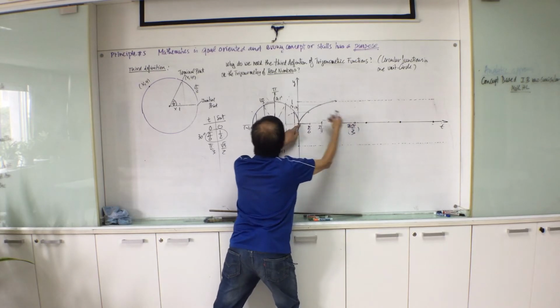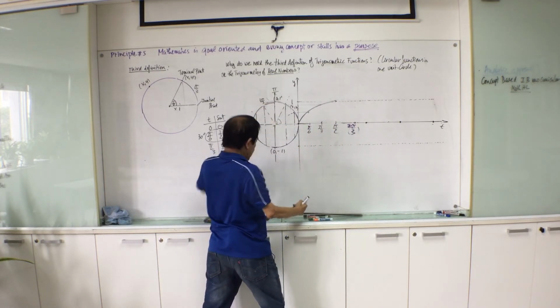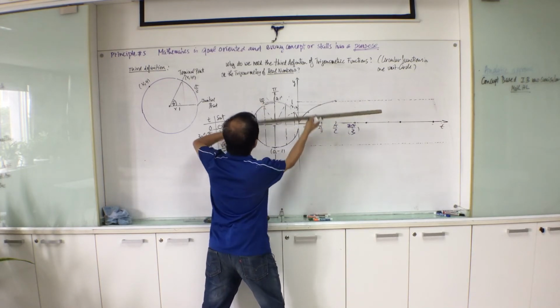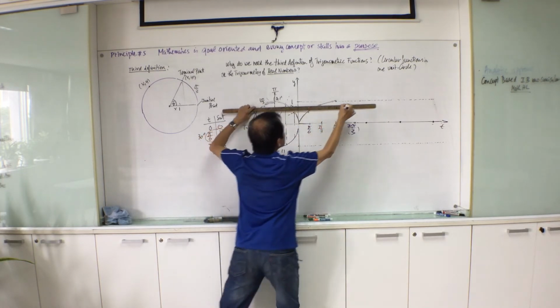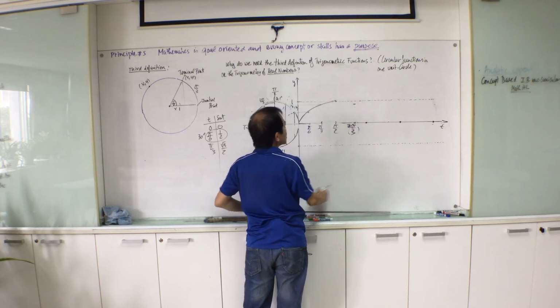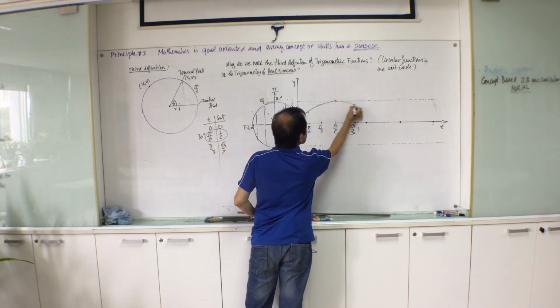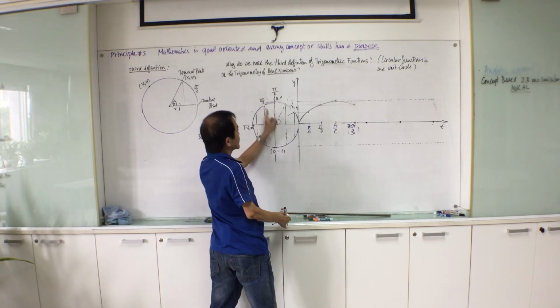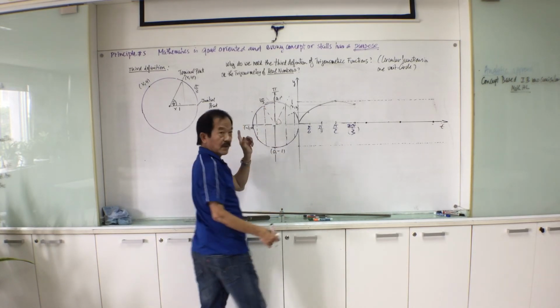I mark it there, and the value of y of this line here equals this much, so I move all the way from here to here, and I get a point here. So I connect from here to here. You see the symmetry here, right? So the point is symmetrical to that one. Sine of 60 degrees equals sine of 120 degrees.